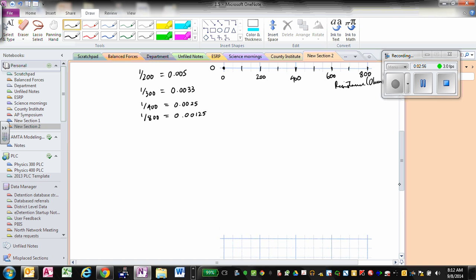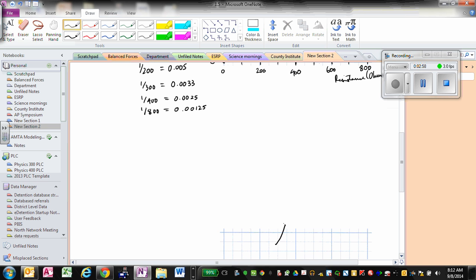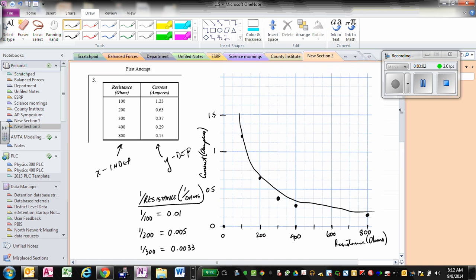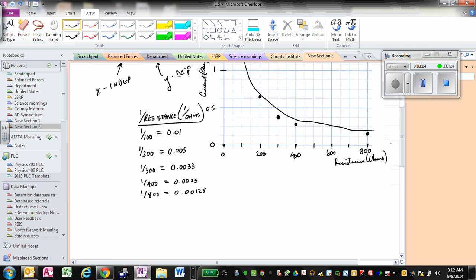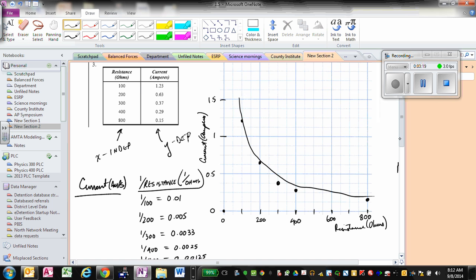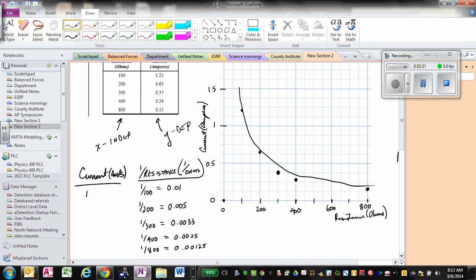Now I'm going to make a graph of inverse resistance still on the x-axis versus current on my y-axis. And that current, I haven't done anything to it, so those values stay the same.